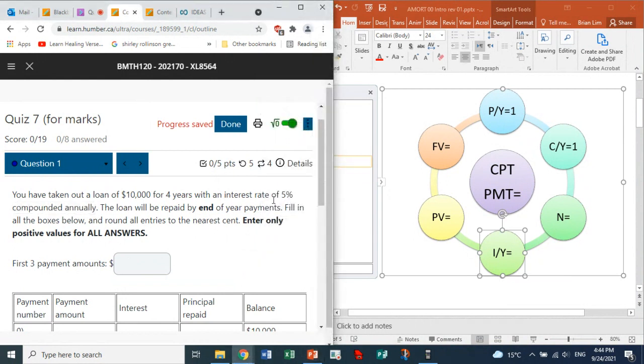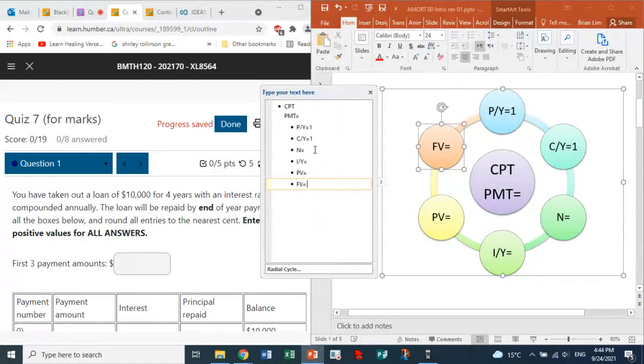IY is the interest rate. In this case, it's 5%. So we will come over here and put in 5% for IY. Now the present value, of course, is the $10,000 that's been borrowed. And the future value should be 0 because we like to pay off this loan.